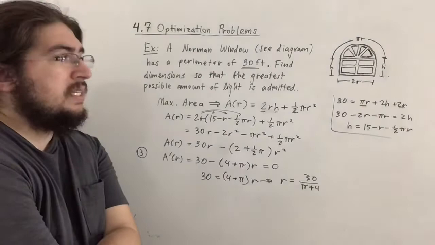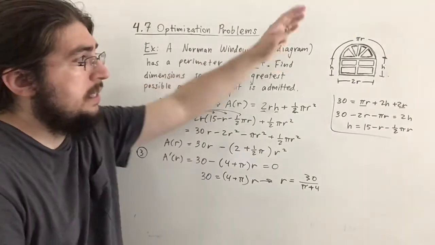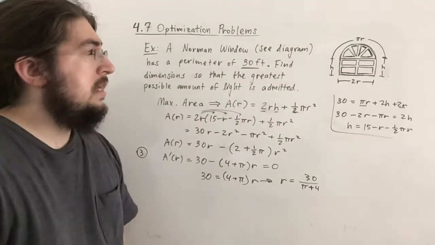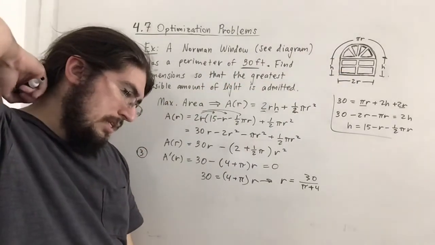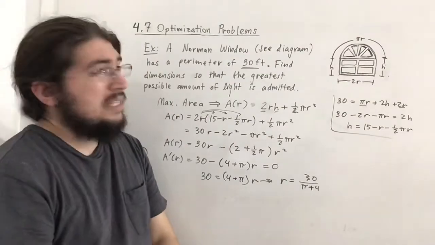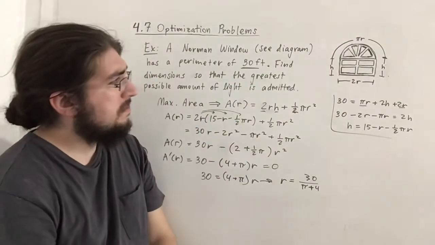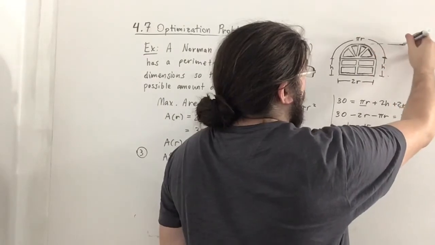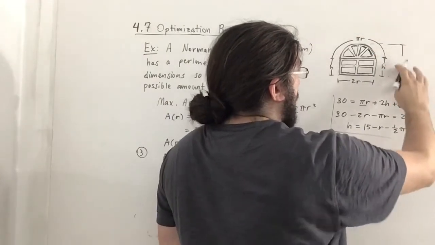So I think the dimensions of this should be written as height times width. It just depends on what you want the dimensions to be. If you wanted to find the full height, that's kind of interesting actually, because notice the full height here would actually be h plus r.